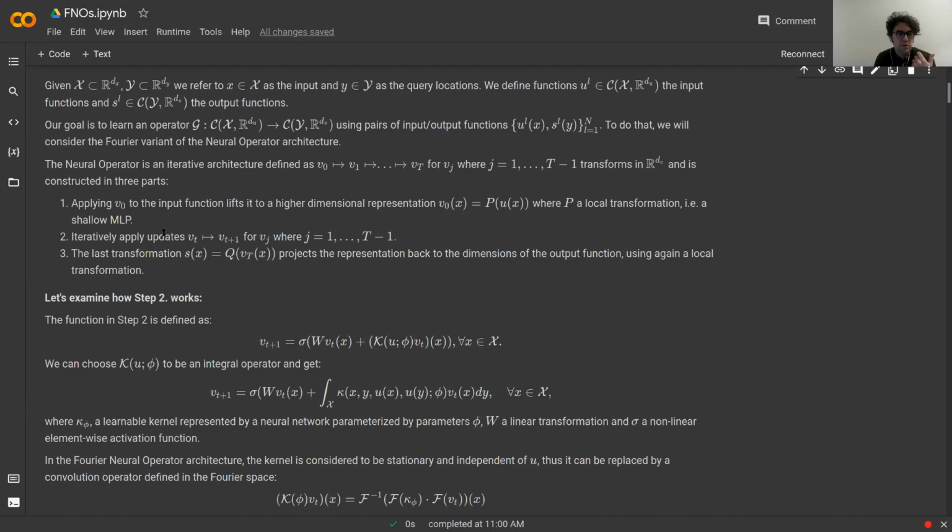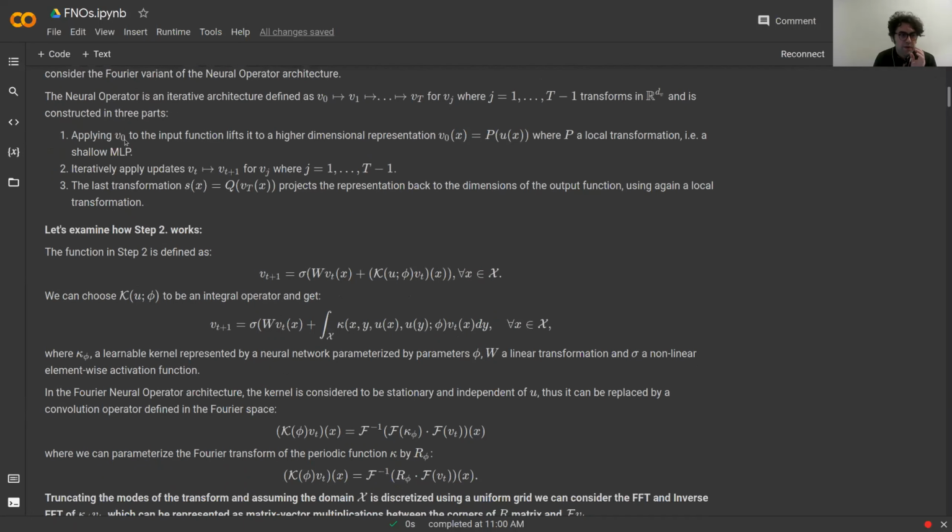The last part projects the channel dimension back to the dimension of your output. The first and third parts are done by some local transformation, for example a shallow fully connected layer. They also use convolutional layers, but anyway, we will use fully connected layers here.